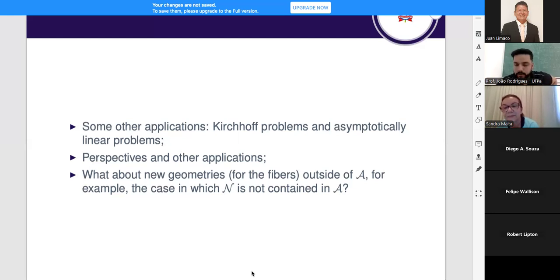Okay. In the case where lambda is exactly an eigenvalue, I don't know if I understand the question, but for the eigenvalue problem, for example involving the Laplacian operator with Dirichlet boundary condition, we don't need to use this method.